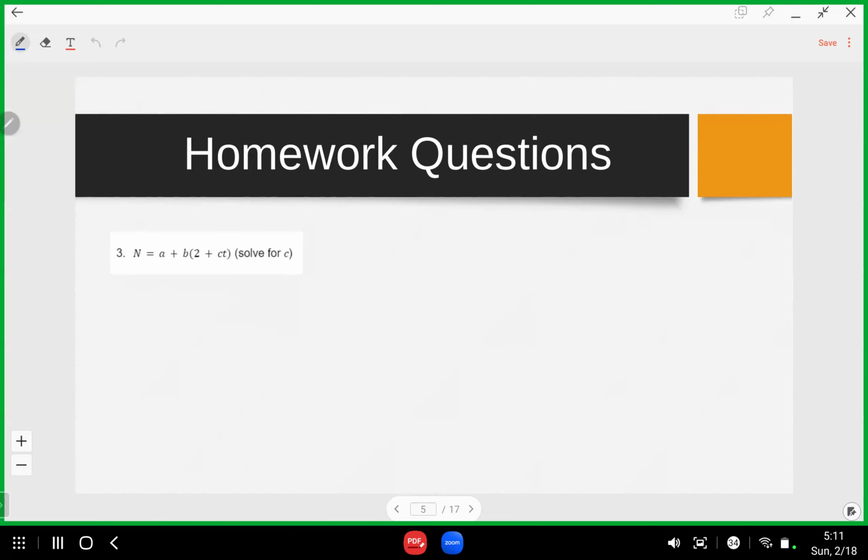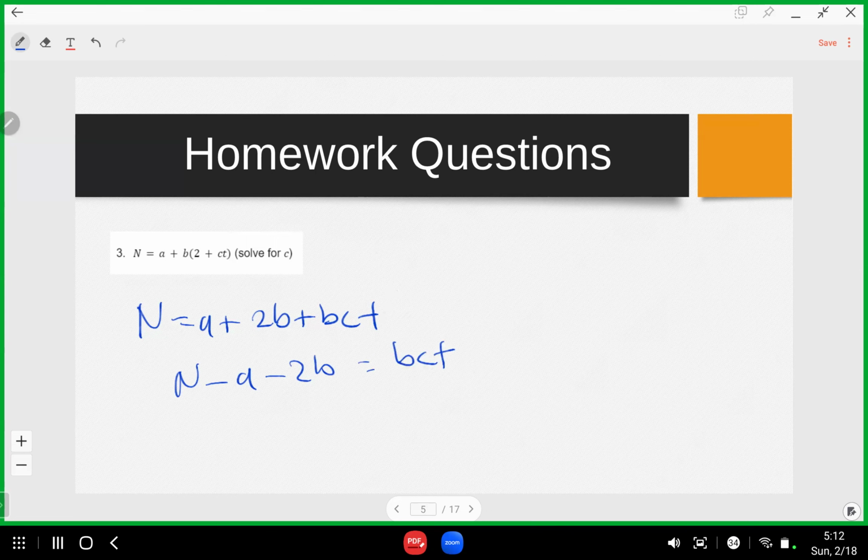So I solved this by taking off the parentheses first and then switching up c and n, so a plus 2b plus n over tb. So n minus a minus 2b is equal to bct, right?